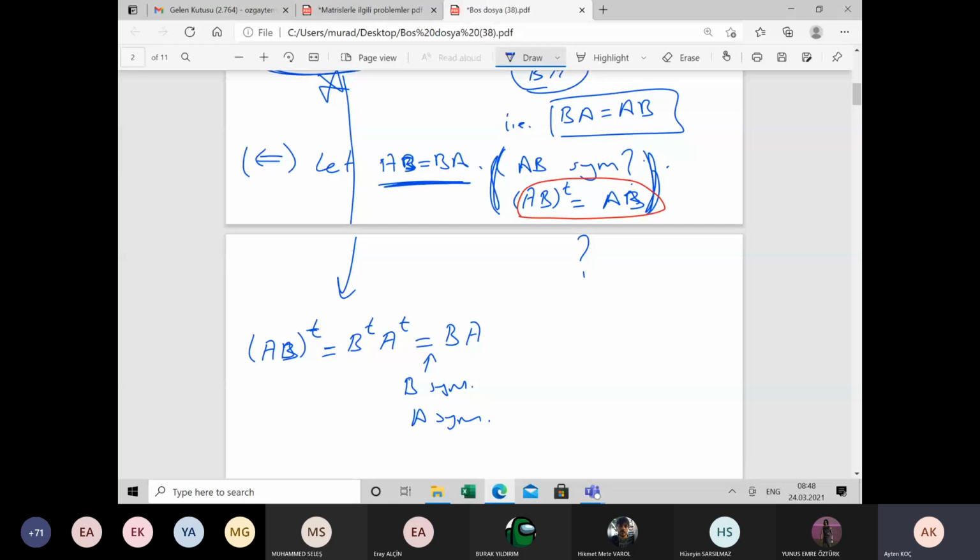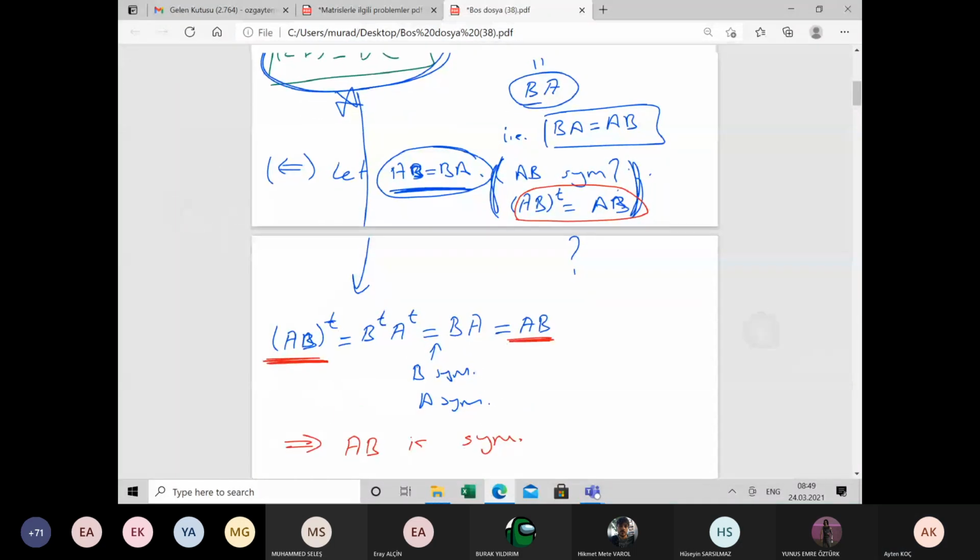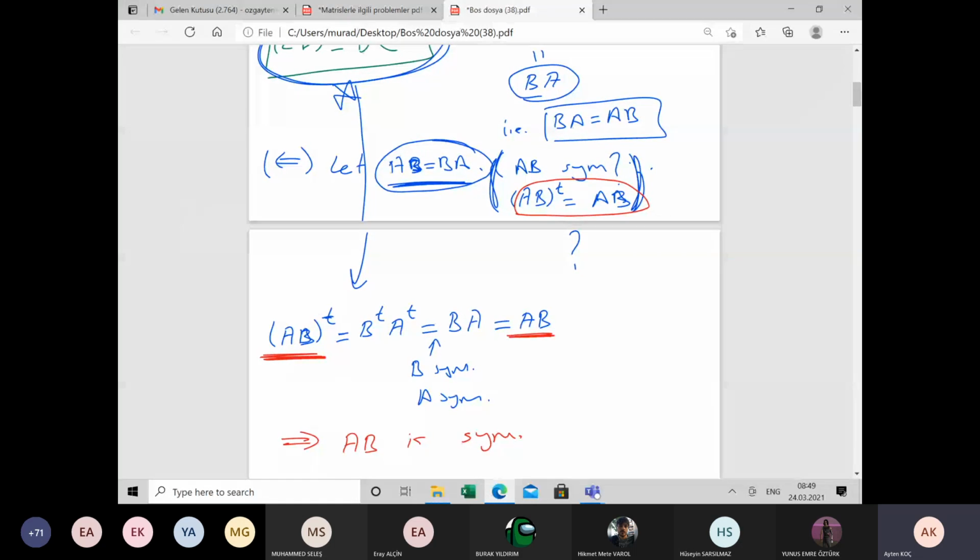The transpose of AB is equal to AB, which means AB is a symmetric matrix. Any question? Here we used only the properties of the transpose and the definition of a symmetric matrix.